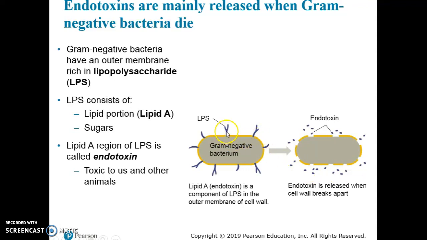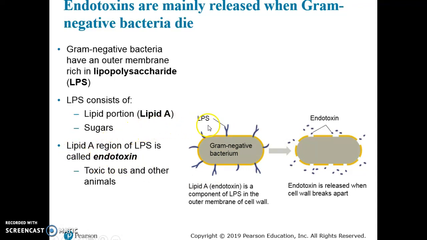So this is the lipid molecule that is on the surface of a gram-negative bacterium. The LPS molecule, lipopolysaccharide, is the endotoxin, and there is a portion of this LPS that is actually the endotoxin, the lipid A.